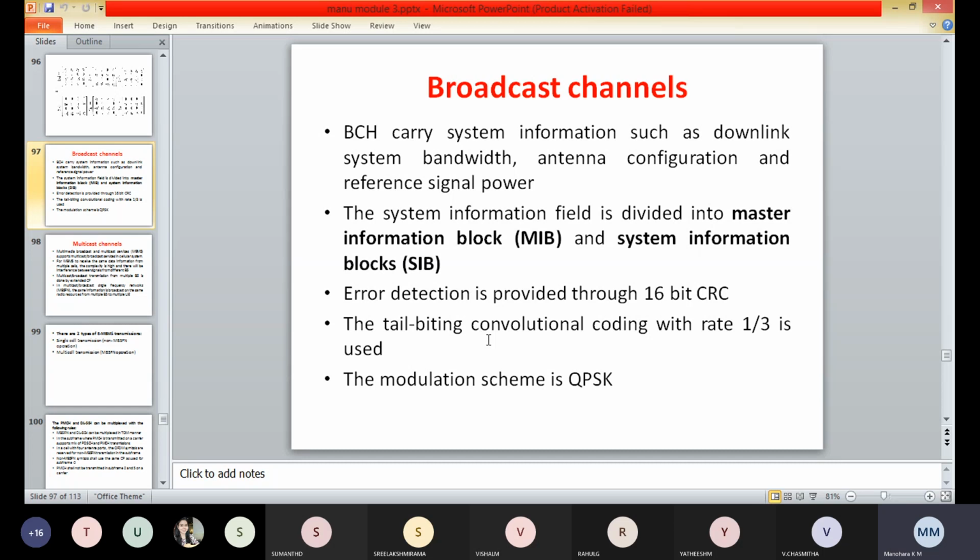So here the master information blocks are transmitted on the PBCH, and the system information blocks are transmitted on the PDSCH.